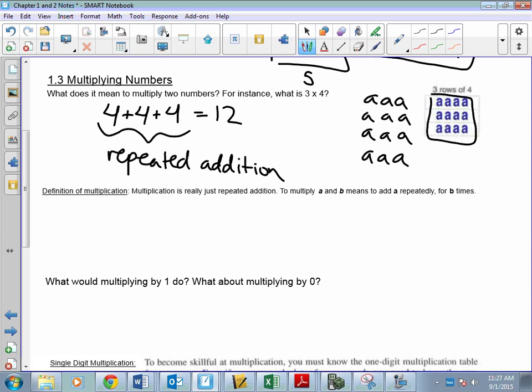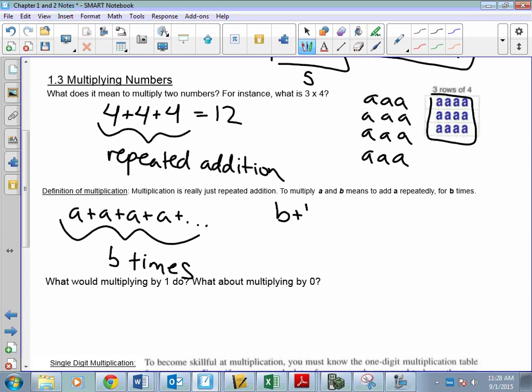So I can either have A plus A plus A, B times, or I could have B plus B plus B. And how many times do I need to add B to itself? Well, whatever A is, A times. I'll get the same number. Commutative property of multiplication.